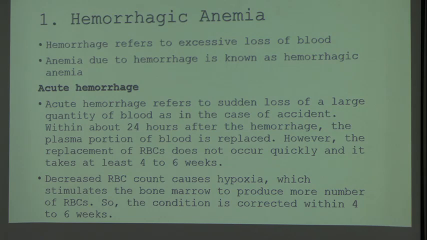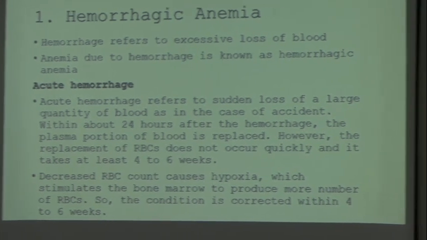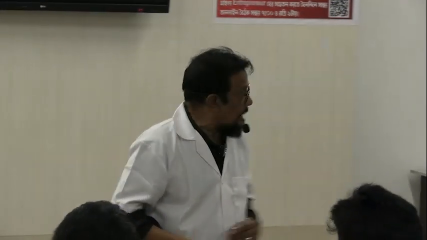But when acute hemorrhage occurs, with lack of hemoglobin and lack of RBCs, we will face hypoxia. This hypoxia stimulates erythropoiesis, meaning there will be secretion of erythropoietin by the cells that sense hypoxia, the lack of oxygen. These cells, present in the kidney, as I told you previous day, and also in the liver, produce erythropoietin.